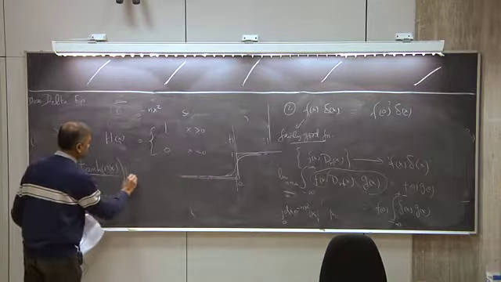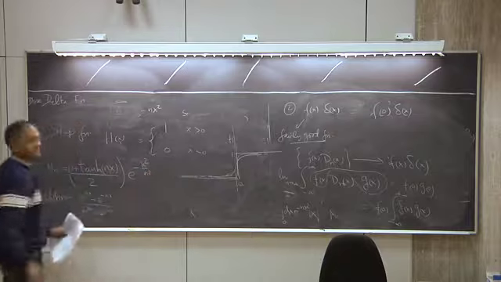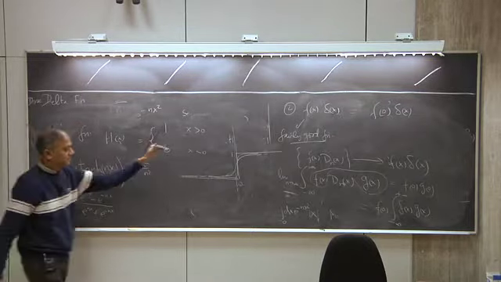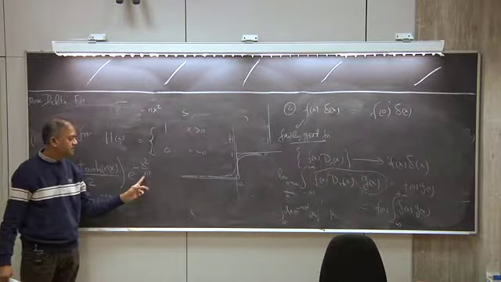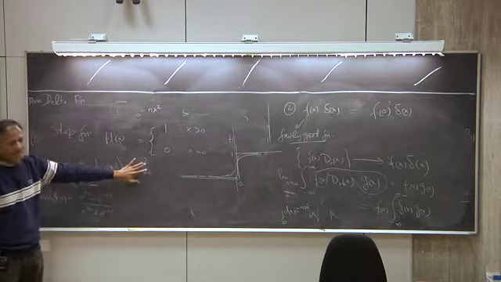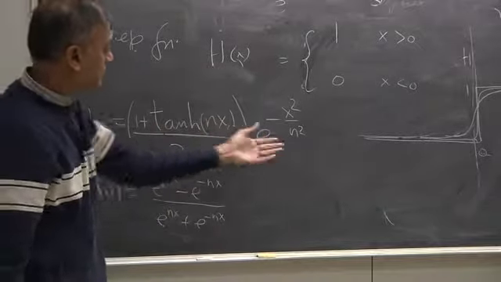You just multiply this by e to the minus x squared over n squared, for example. So for any finite n, this is a Gaussian, but as n goes to infinity, this simply becomes 1. So this is a very easy way of taking something which is not a good function and multiplying by that.